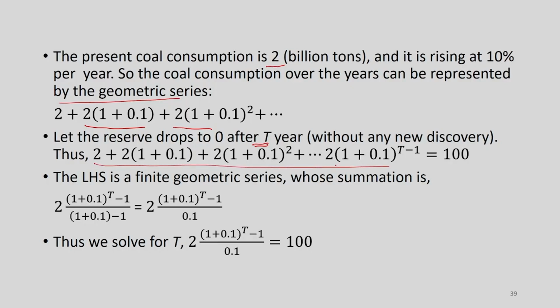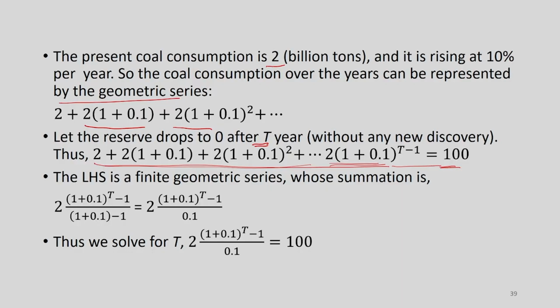So, this is the last term in the tth year. Tth year's consumption will be this much, and this is the total consumption over the years, and that is equal to 100. 100 is the present reserve, right. So, since we are assuming that after t years the total reserve will be exhausted, this relationship must hold.